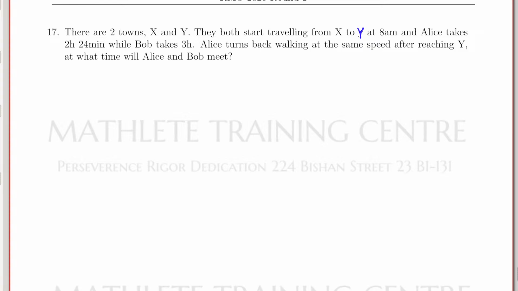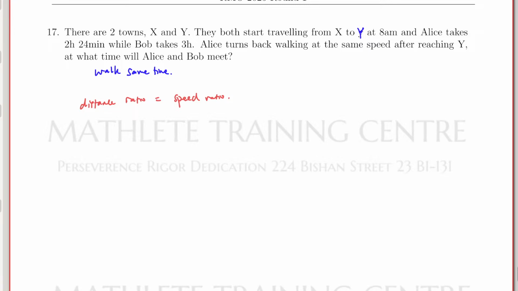So if they continue walking until they meet, even though Alice turns back, they walk for the same amount of time, right? They walk for the same amount of time, so what that means is that the distance ratio is equal to the speed ratio. The speed ratio here is what?